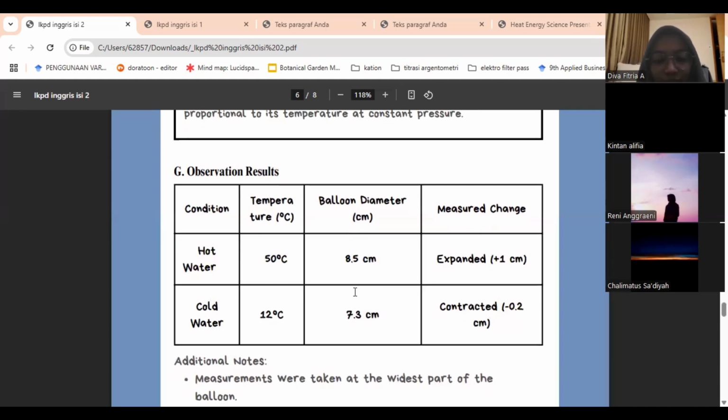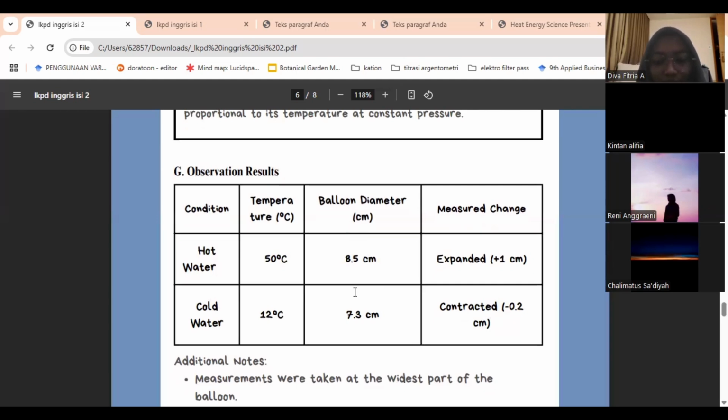is when condition is hot water, temperature is 50 Celsius, and then balloon diameter is 8.5 centimeter, and then measured change is expanded plus 1 centimeter.